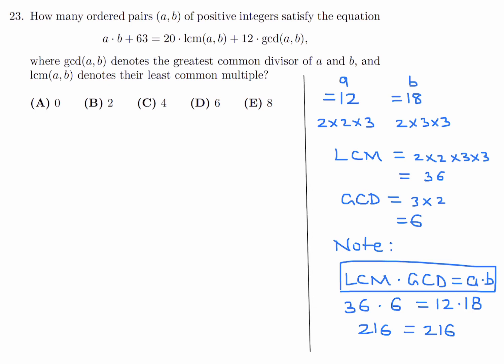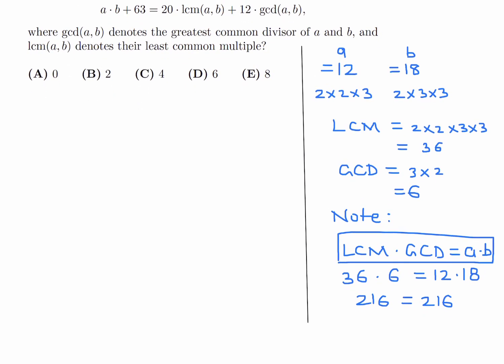So let's move forward with this equation right here. The first thing I'm going to do is let the LCM of a and b equal x, and I'll let the GCD of a and b equal y.